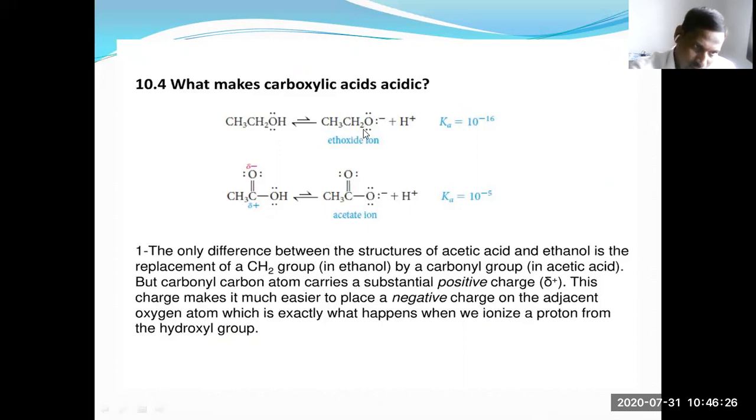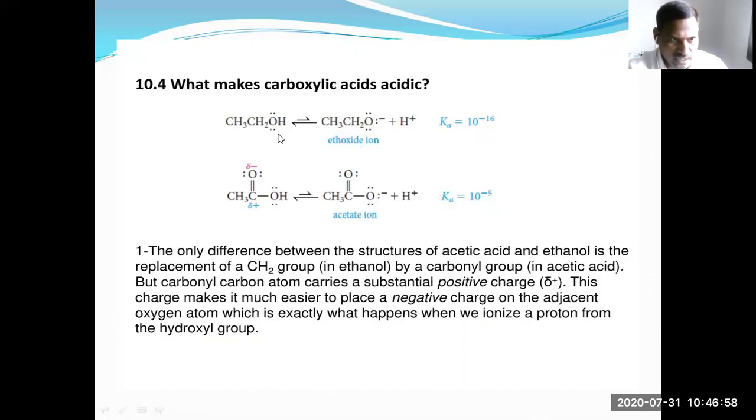In ethoxide ion, resonance is not possible, whereas in acetate ion, resonance is possible. That's why this is a more stable ion compared to ethoxide ion. That's why acetic acid is more acidic than ethanol or ethyl alcohol.